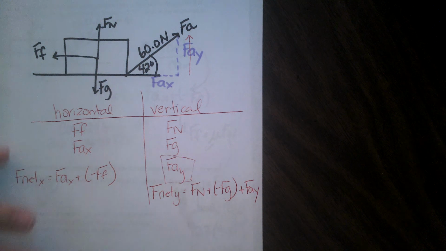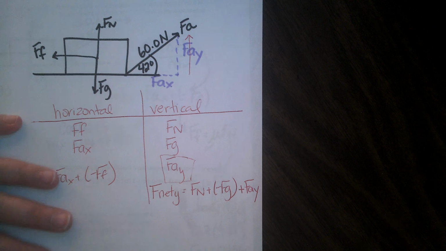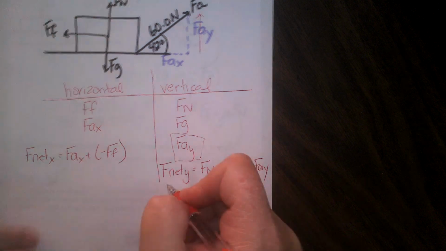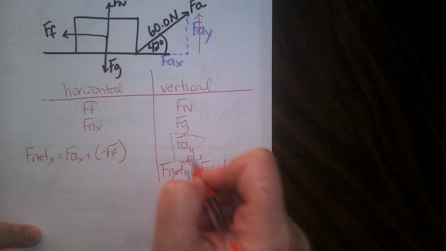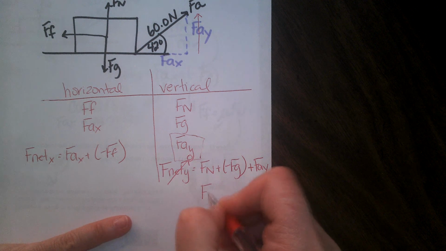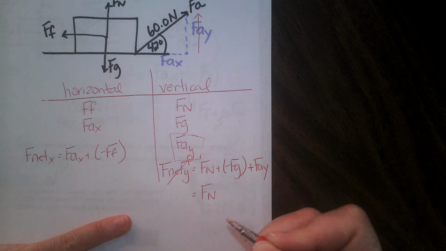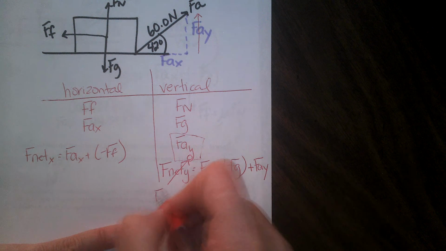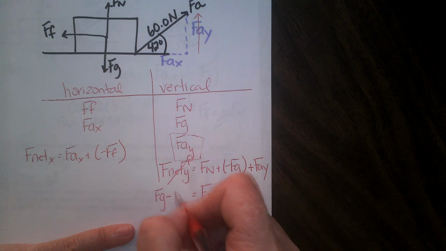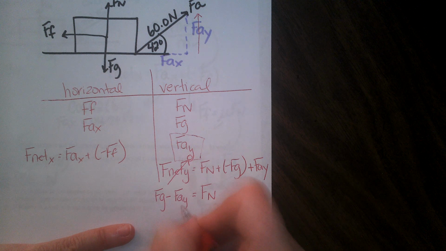Okay, stay with me. Is this box levitating or going through the ground? No. So this is a balanced force, which means that force normal is equal to force gravity minus force applied Y.